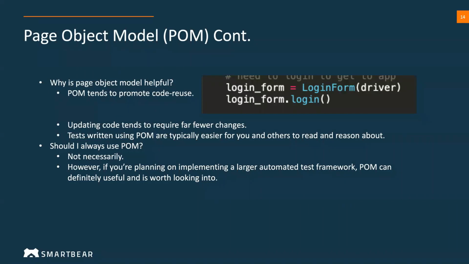It's also a lot easier to reason about. So if someone else is looking at your test cases and looking to implement on them or add to them, or if I'm looking at my own test cases 2 years from now and I'd like to reason about them, page object model makes it easier to jump around and understand what's going on.